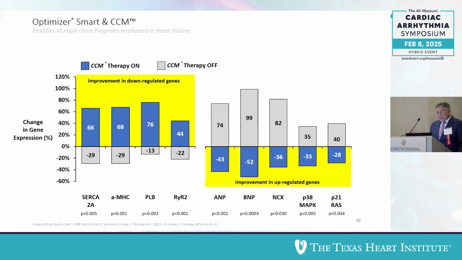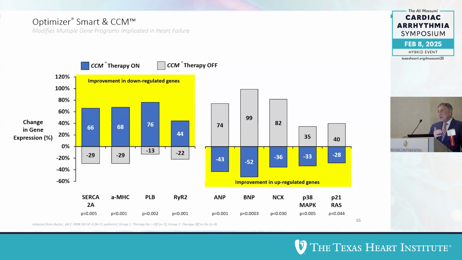As you see, the device, they call it Optimizer Smart, changed the gene expression of those things. As you know, the downregulated genes like SERCA, which is sarcoplasmic endoplasmic reticulum calcium ATPase, is low, as are major histocompatibility MHC, phospholamban, and the ryanodine receptor.